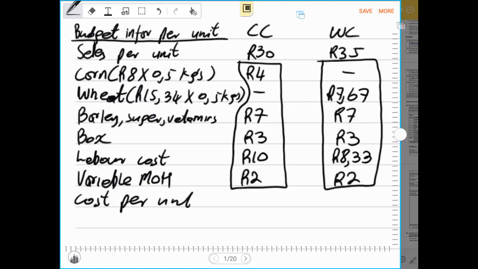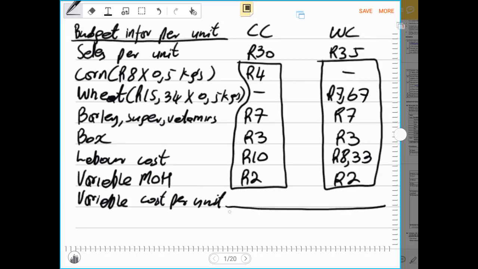My cost per unit, which is variable cost per unit. Variable cost per unit, to be specific, variable manufacturing cost per unit.